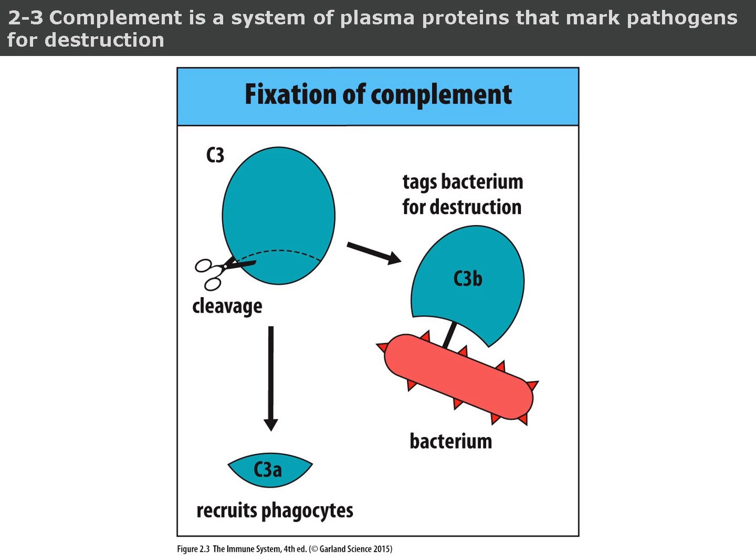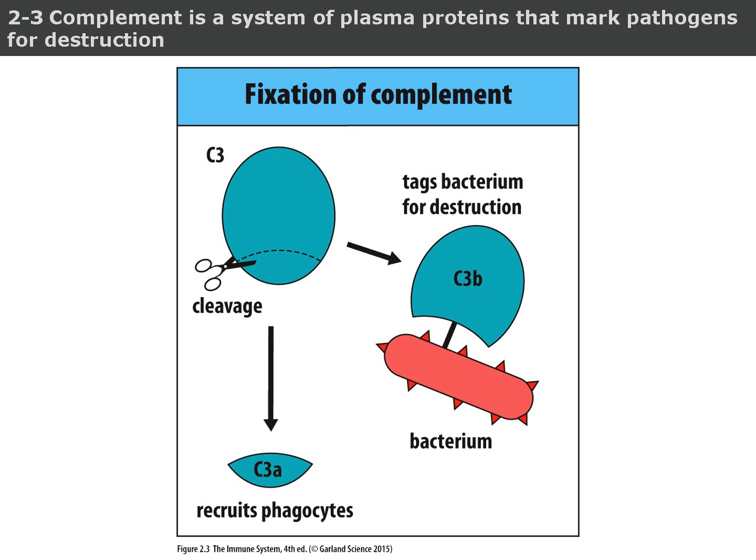When C3 is activated, it undergoes cleavage, producing 2 fragments, C3a and C3b. The larger fragment, C3b, attaches directly to the surface of a bacterium, effectively tagging it for destruction by immune cells. This process is known as opsonization, which enhances the ability of phagocytes to recognize and engulf the pathogen.